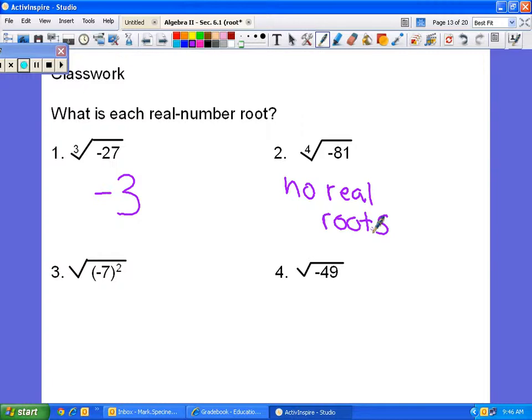Remember, it's only when the index is even and the value is negative that it's no real root. Okay, the square root of negative 7 squared is 7. And the square root of negative 49, no real roots. Who said 7? Square root of 49 is 7, not the square root of negative 49.